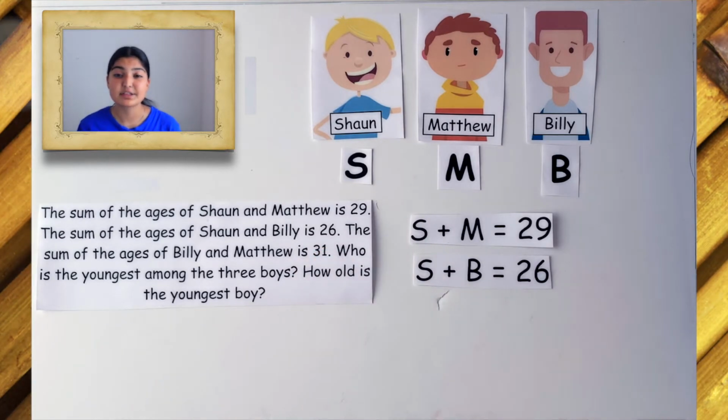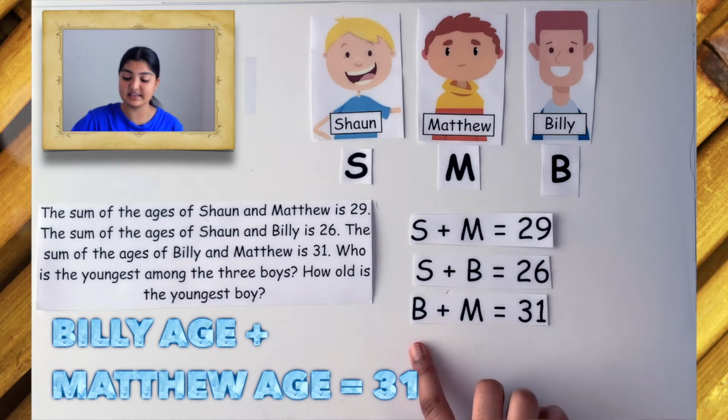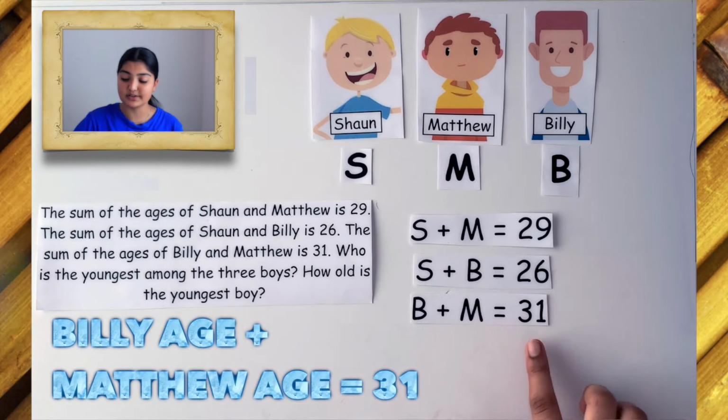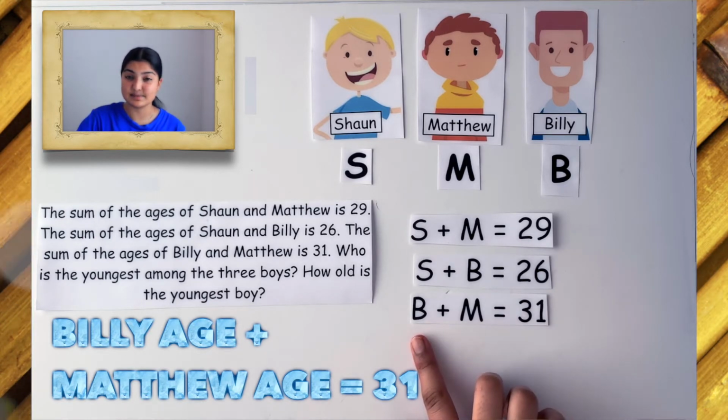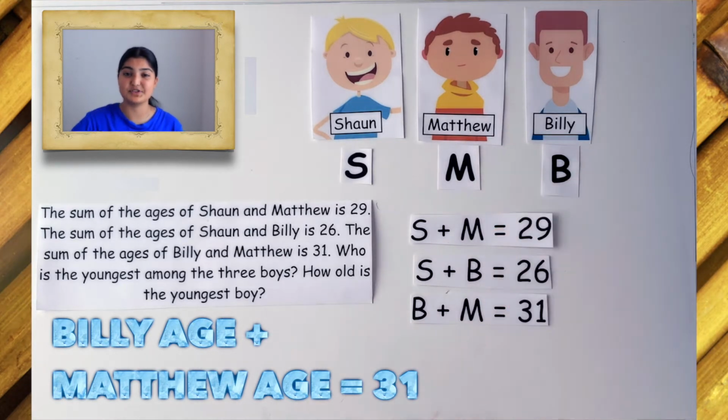Finally, the problem also tells us the sum of Billy and Matthew's age, which is 31. So, we can write this as b plus m is equal to 31, where b is Billy's age and m is Matthew's age.